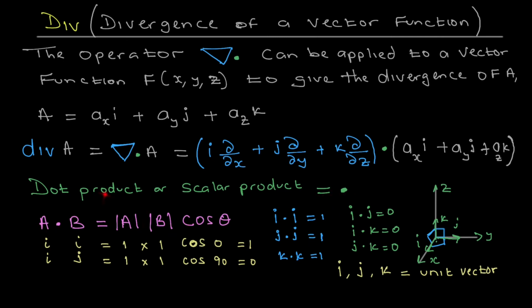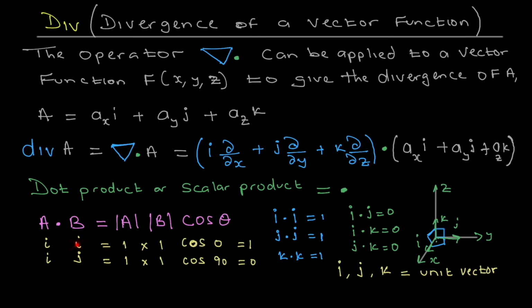This dot product is applying this equation where a vector A dot a vector B will be equal to the magnitude of vector A times the magnitude of vector B cos theta. Now, if you have dotting i and i, well, i and i are parallel to each other and the angle between them is 0.